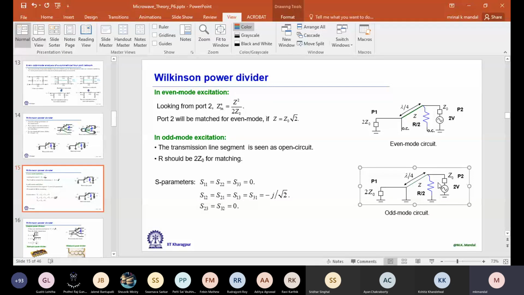So that means for Z0 50, R should be 100 ohm, right? Under that condition, now you can check S11, S22, S33. We use this condition, S11, S22, S33 equal to 0, and found Z is equal to Z0 into root 2 and R by 2 equal to 50 ohm. Similarly, you can check other components.